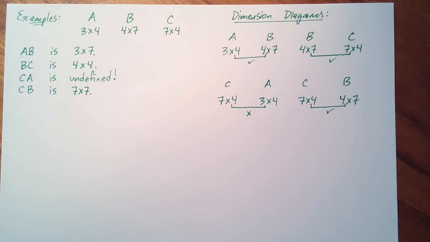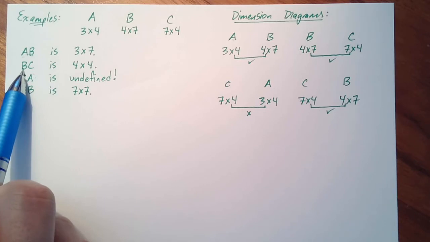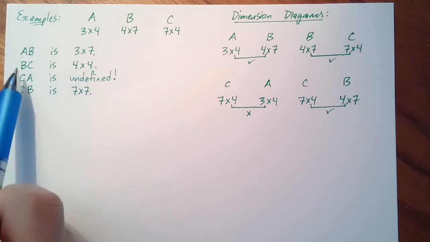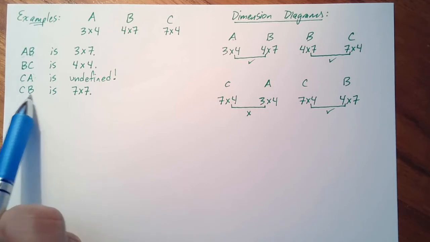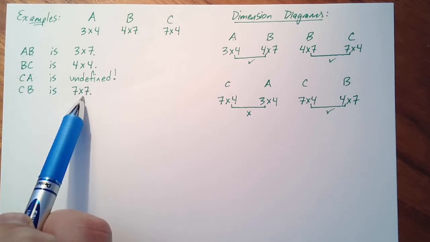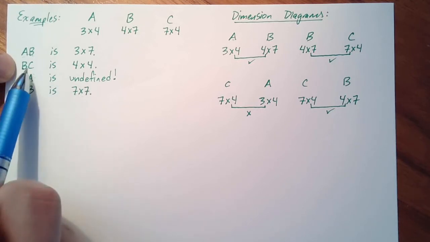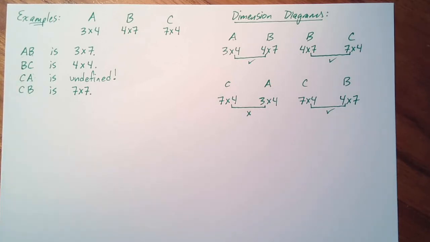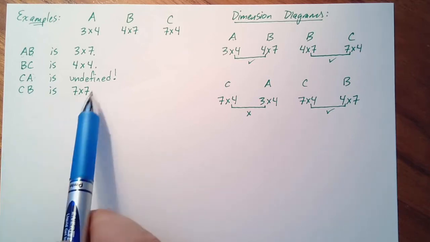I'm not going to write anything down about this because we're going to talk more about it in the next section, but notice that when we worked out the dimensions for BC, we got 4 by 4. And then by flipping the order of the factors to write down CB, well, that was also defined, but it was a 7 by 7 matrix. So right away, the question of whether B times C and C times B are going to be the same in this case is answered immediately by the fact that their dimensions are different.